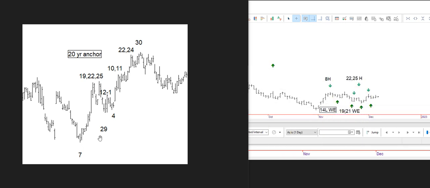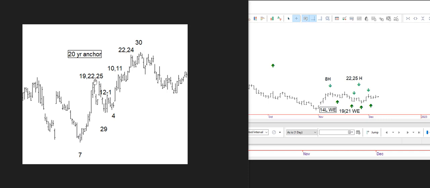Looking in between, we don't have a visible cycle in here unless we were to detrend this data, which I'm not going to go through. But we had in between points on the 8th and the 14th, which fell on the weekend.